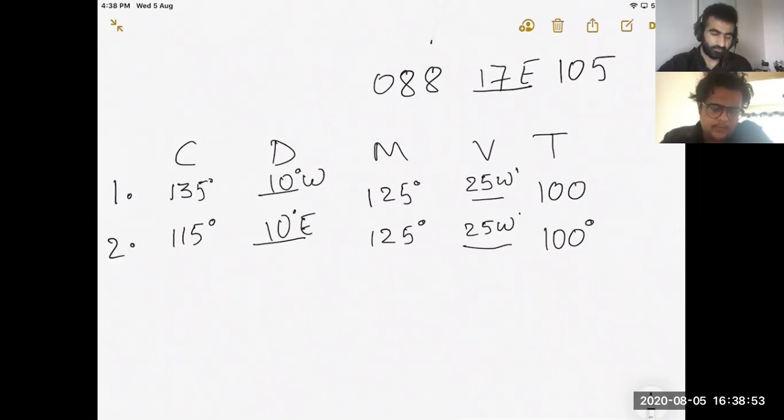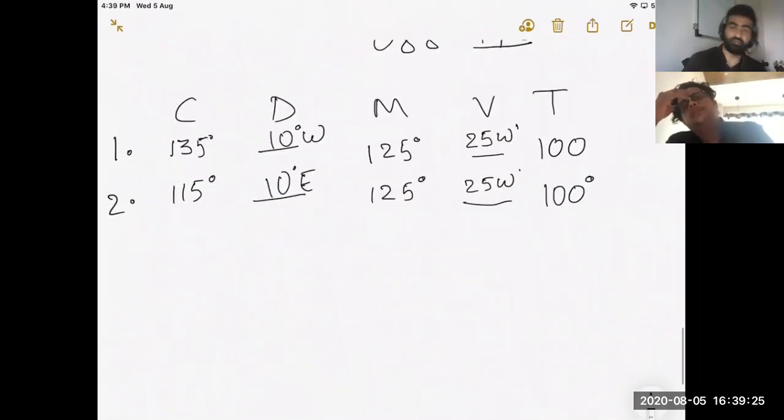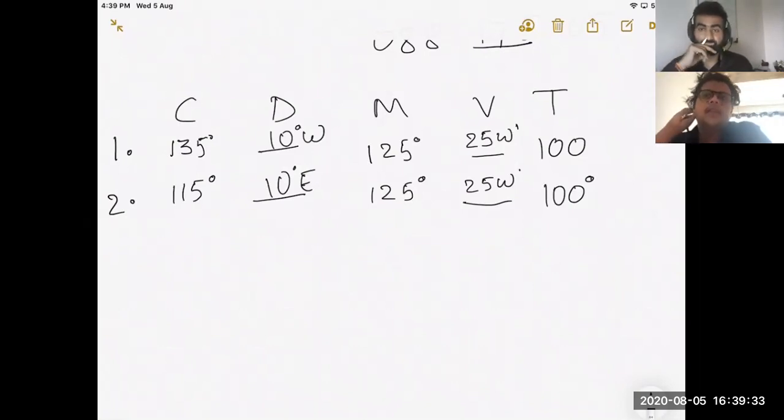Remember, a plus sign will show you easterly deviation.